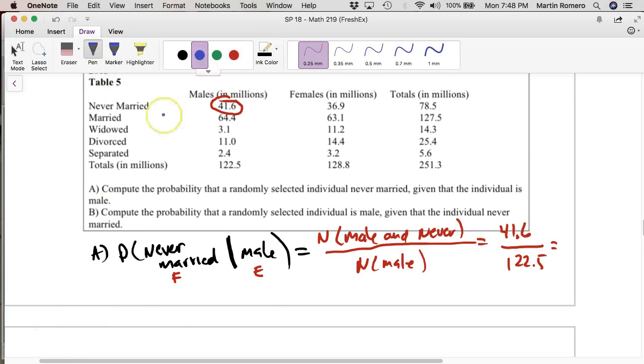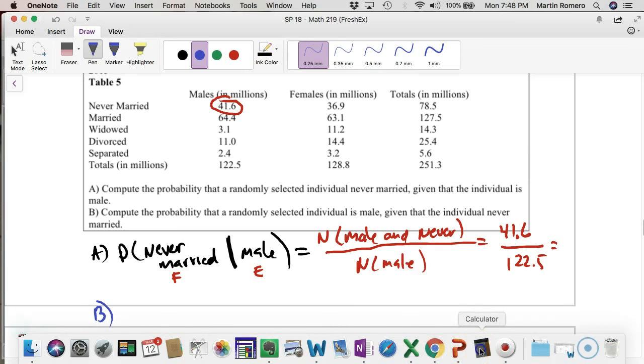Let's look at B. Oh, we need to simplify that, so I would need to get the calculator out to get that down. Let's get the calculator out and solve that real quick.